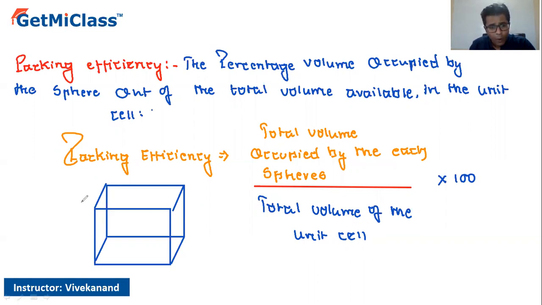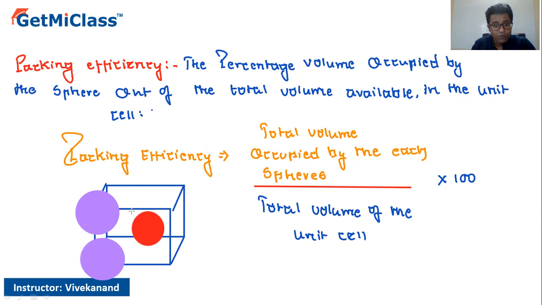All these unit cells are going to have a certain amount of spheres, that is, a certain amount of atoms. These atoms are going to be specifically arranged. They can be placed only at the corners, something like this, or sometimes in the center of the body, or sometimes on the center of the faces.